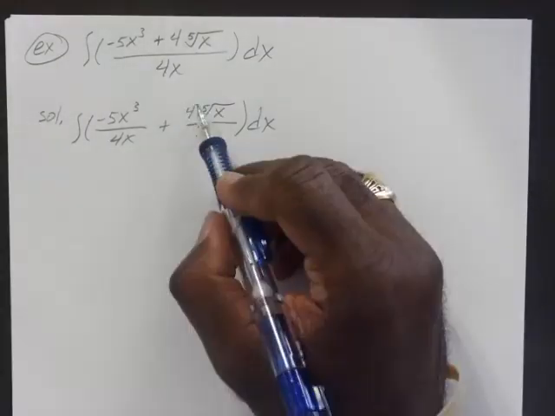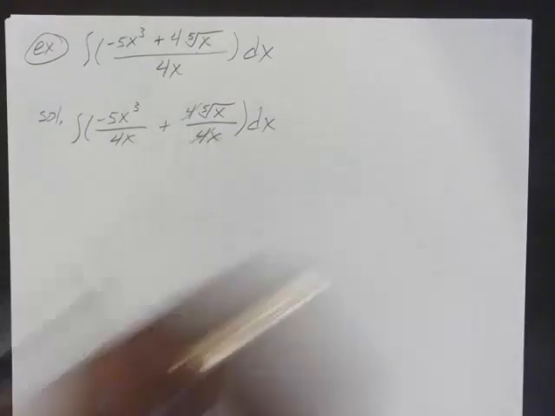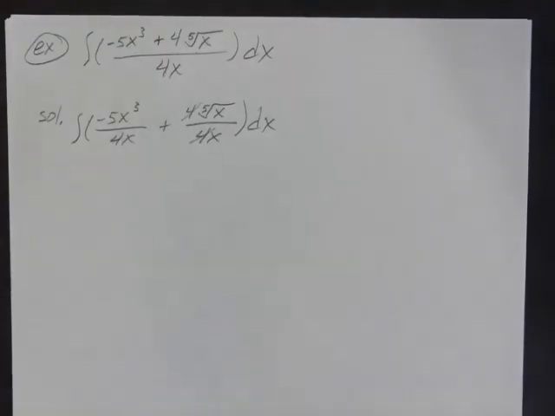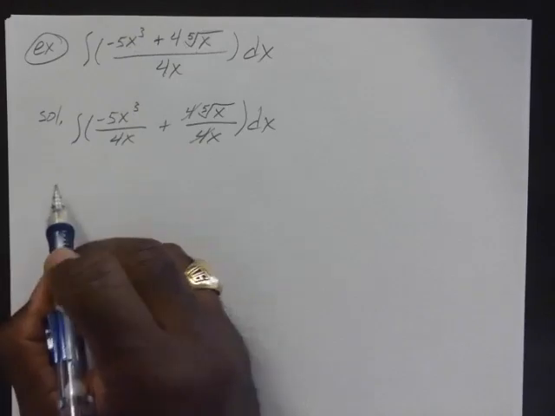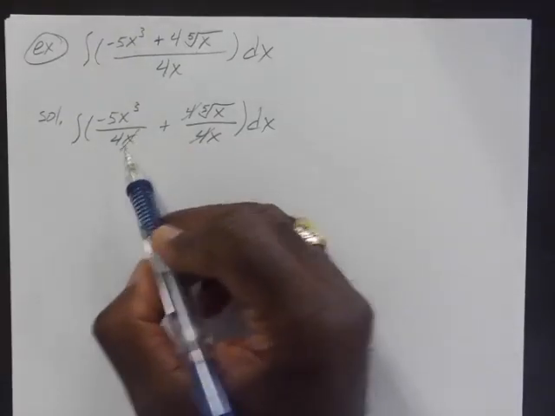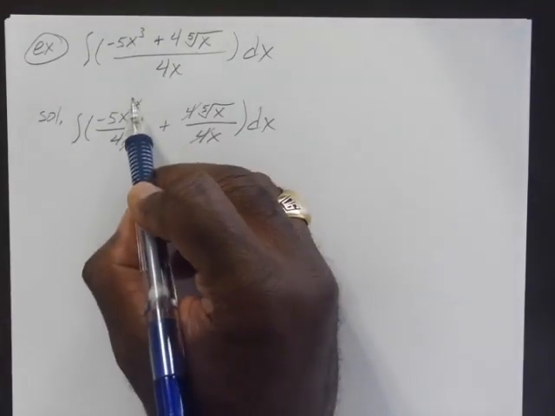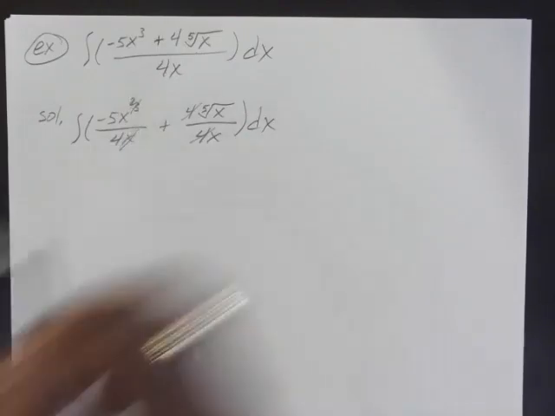Okay, so you can see here these 4s cancel each other out. You can go ahead and cancel those out. And this x cancels out with one of these x's. So that becomes x squared.